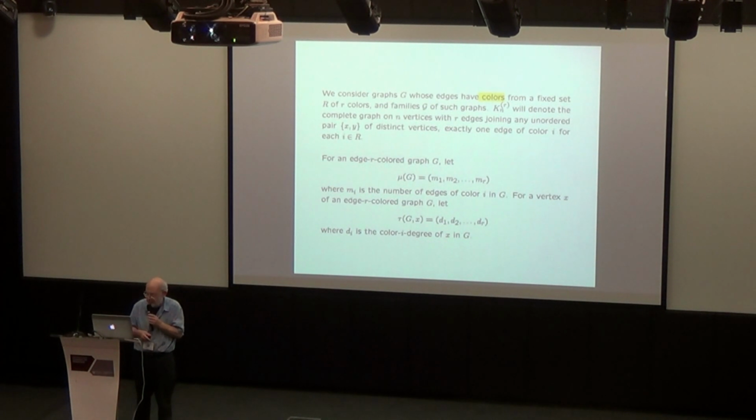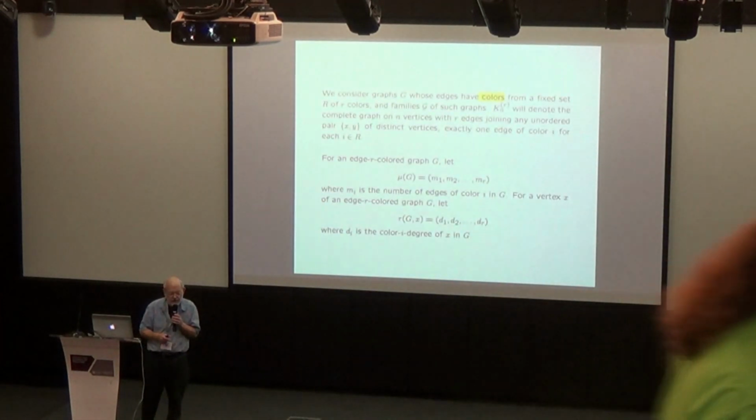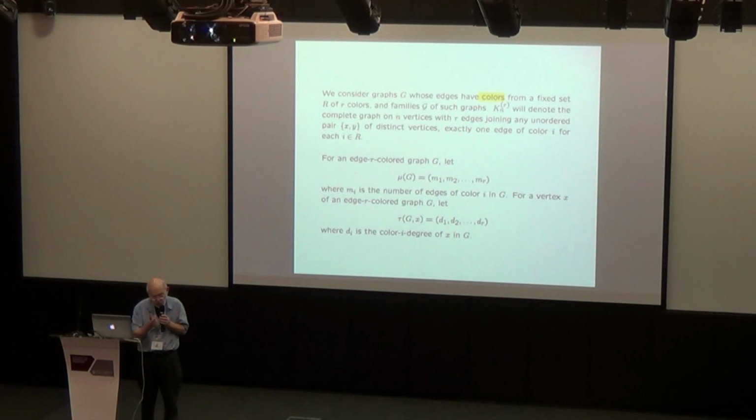Consider families of graphs which have their edges colored using these R colors. And I will demand that soon, if not here, I demand that the graphs G in a family script G are all simple. Simple means at most one edge of any color.